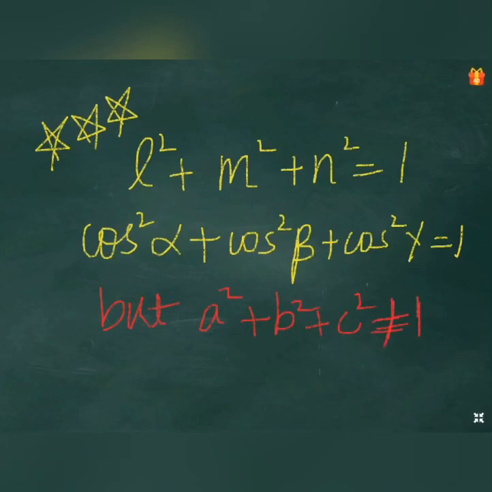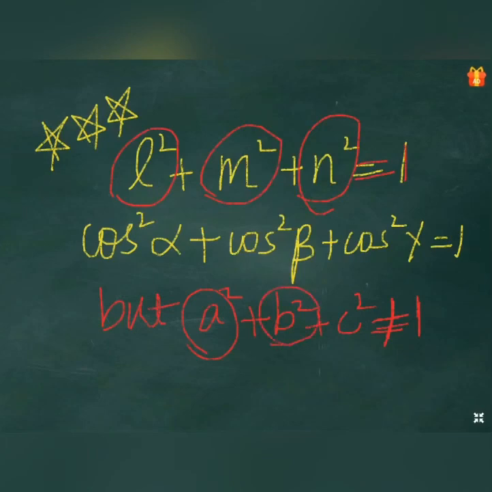That is, when the squares of direction cosines are added, they give the result as 1. But when the squares of direction ratios are added, they don't give us the result as 1.